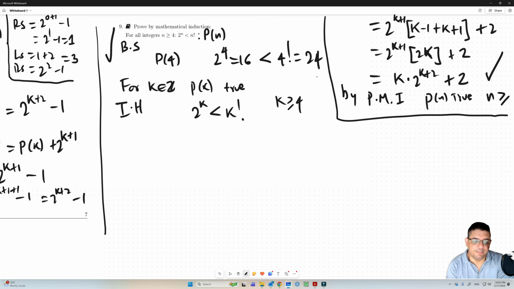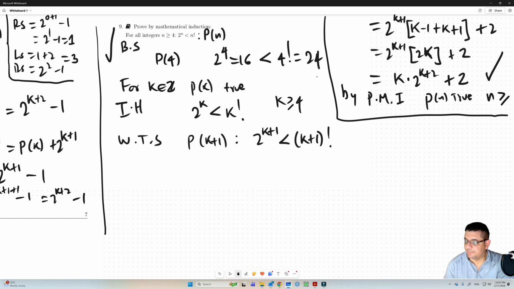And we want to show P of k plus 1, which will be equivalent to proving that 2 to the k plus 1 is less than k plus 1 factorial. Okay? So now let's prove that. So the way that we're going to do this inequality is we're going to start from one side.